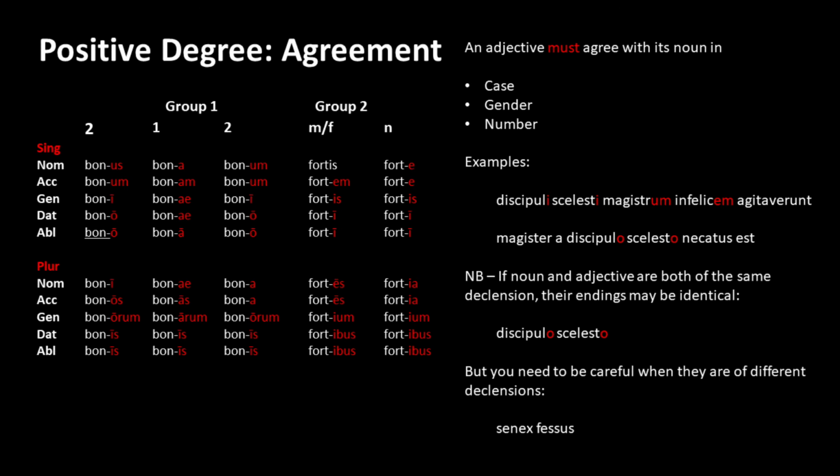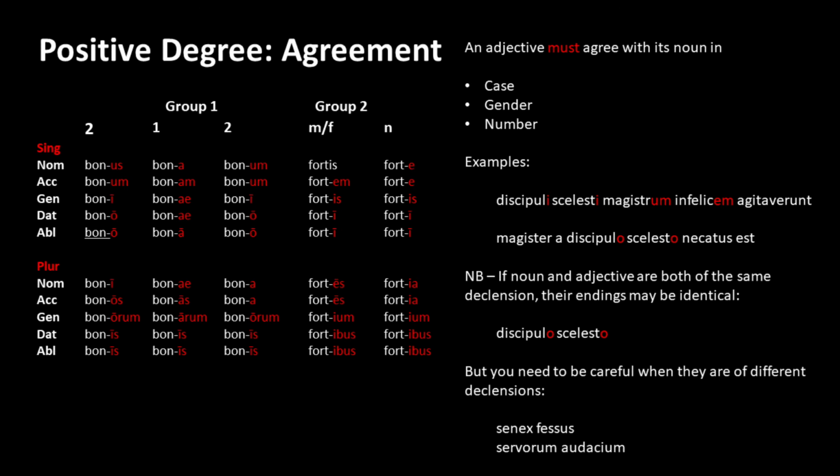But look at senex fessus, the tired old man. Senex is a third declension noun. Fessus is a group 1 masculine adjective. But because both words are nominative, masculine and singular, they are in agreement, though it may require a little looking to see that they're in agreement.